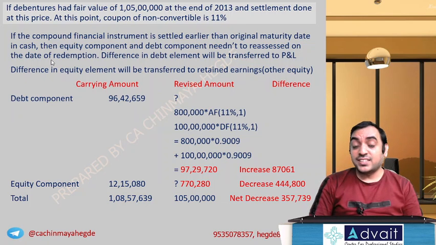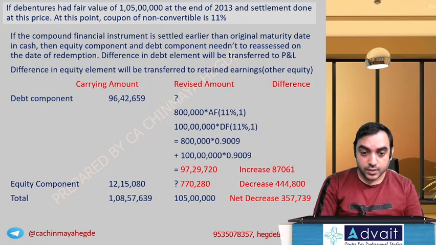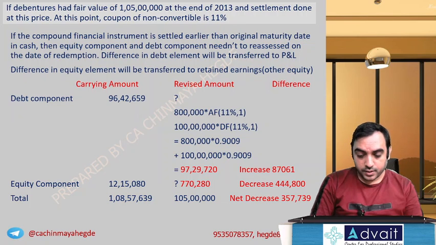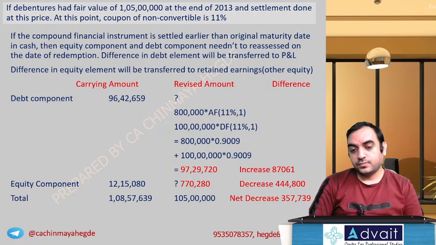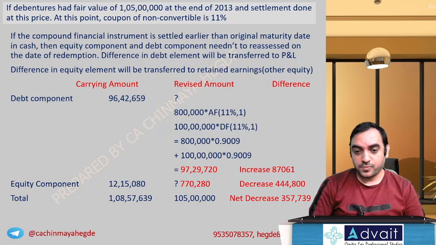But this is not the amount you are paying. You are paying the revised amount. So there's a loss on the debt revaluation, loss on the debt component. How much amount? 87,061.